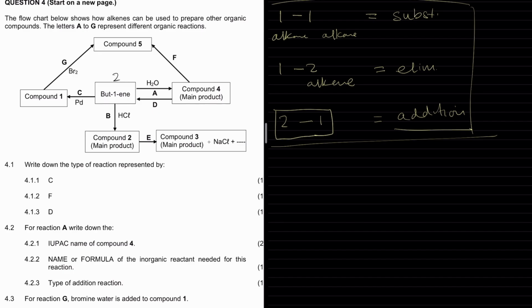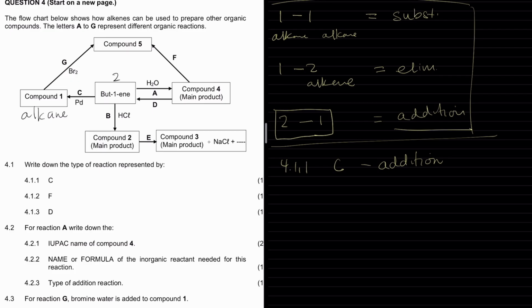There is no other option that goes from 2 to something. So 4.1.1, C must be an addition reaction. So that must mean that compound 1 must be an alkane.